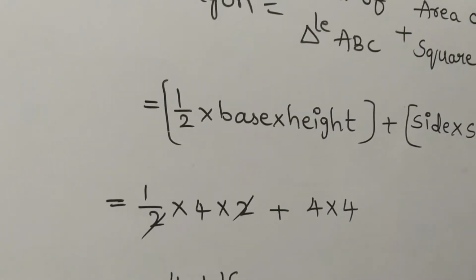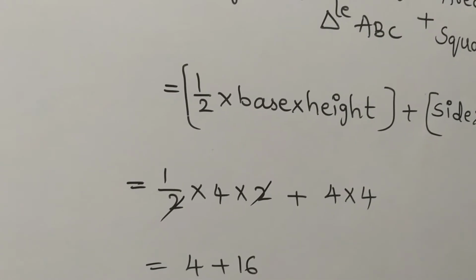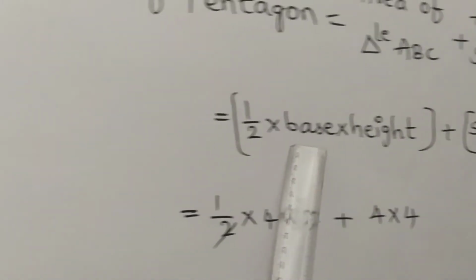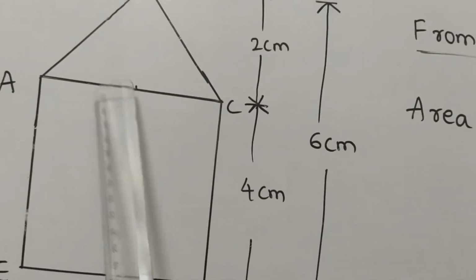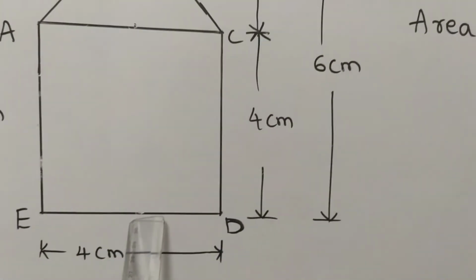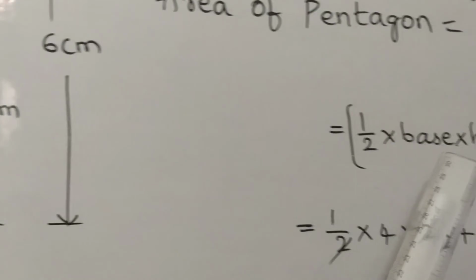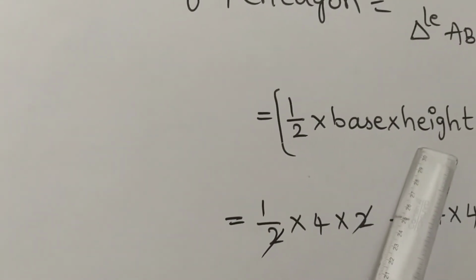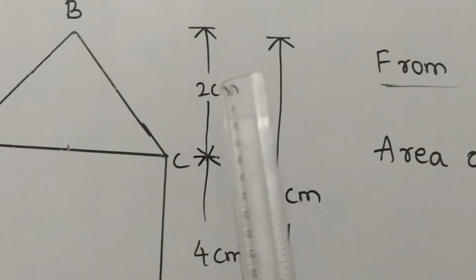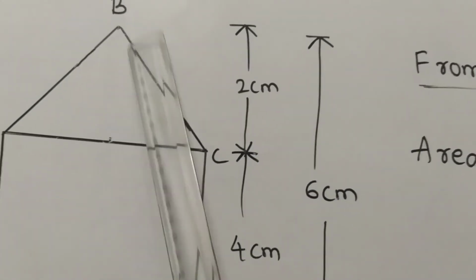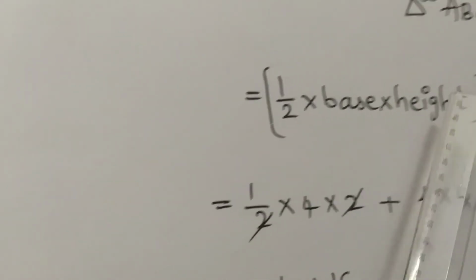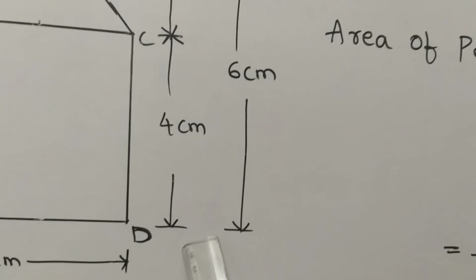So here what we have to do is the substitution, students. What is the base of the triangle? Here the base of the triangle is this side, which is 4 centimeter. So here we are taking base 4 into height of the triangle 2. Here we have found the height of the triangle is 2. Hence we are taking 2, plus side of the square is 4. Side of the square is 4 centimeter.